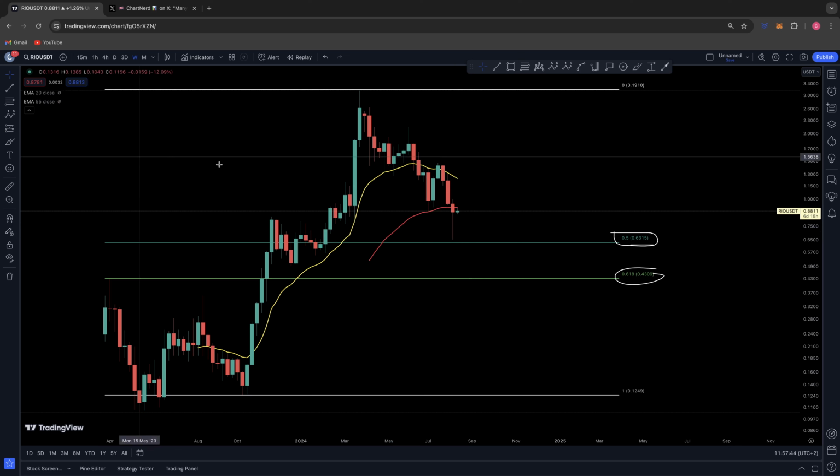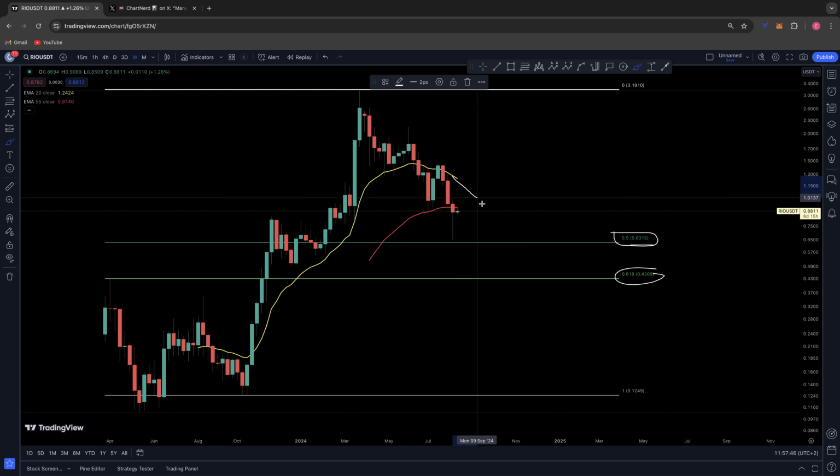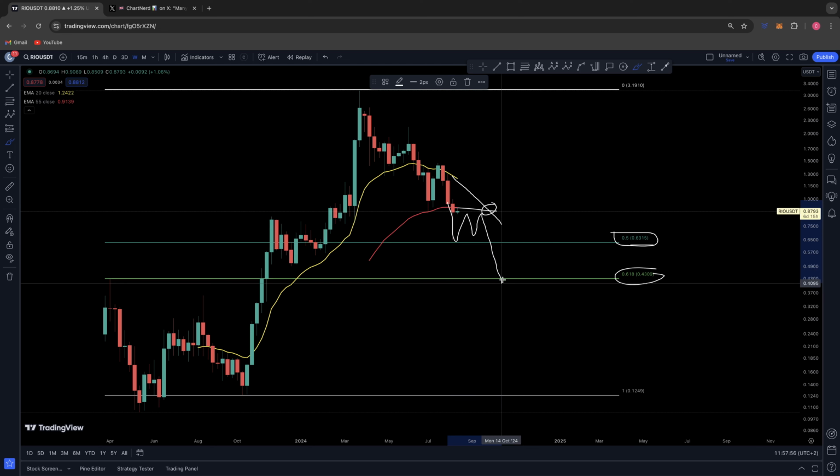And if that death cross does occur, and we do fail to tackle above these EMAs as they're coming down, what we might see now is this coil up under the resistance. But if we form the cross and run into it, this is where we could see that last sweep down to 43 cents. Now follow me on this 0.618 line to the left.